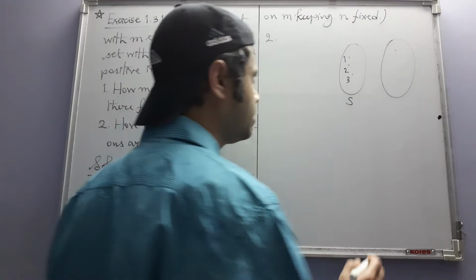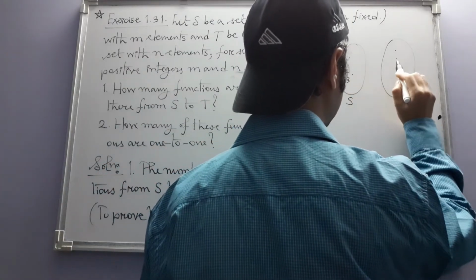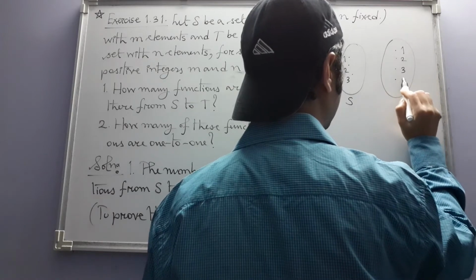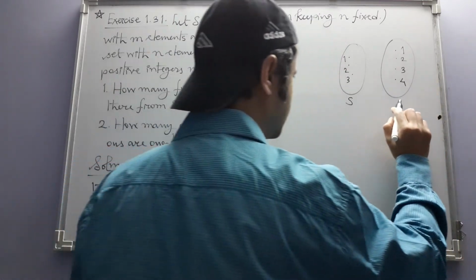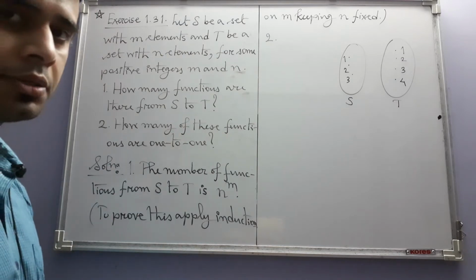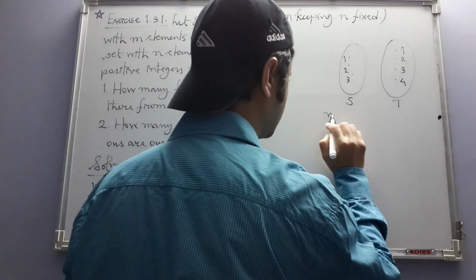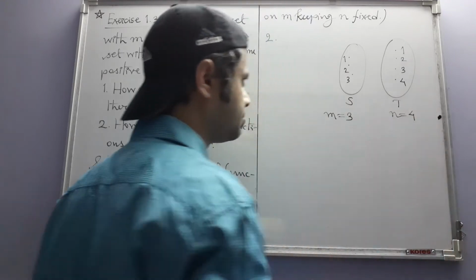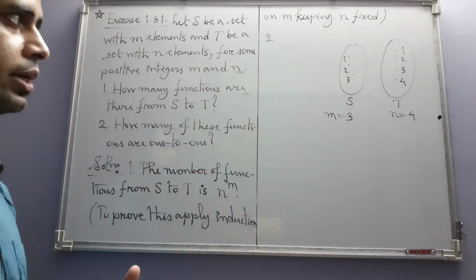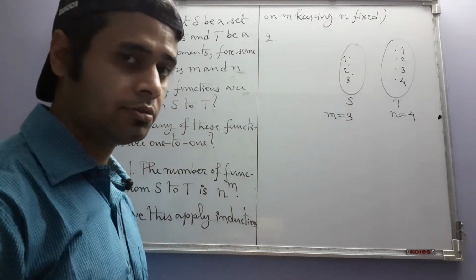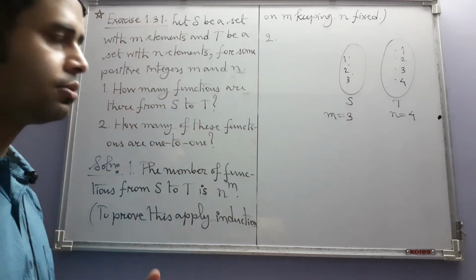You can take anything you want, but this is more convenient. And say T has 4 elements. So now our m is 3 and n is 4. We want to find how many functions there are from S into T that are one-to-one.